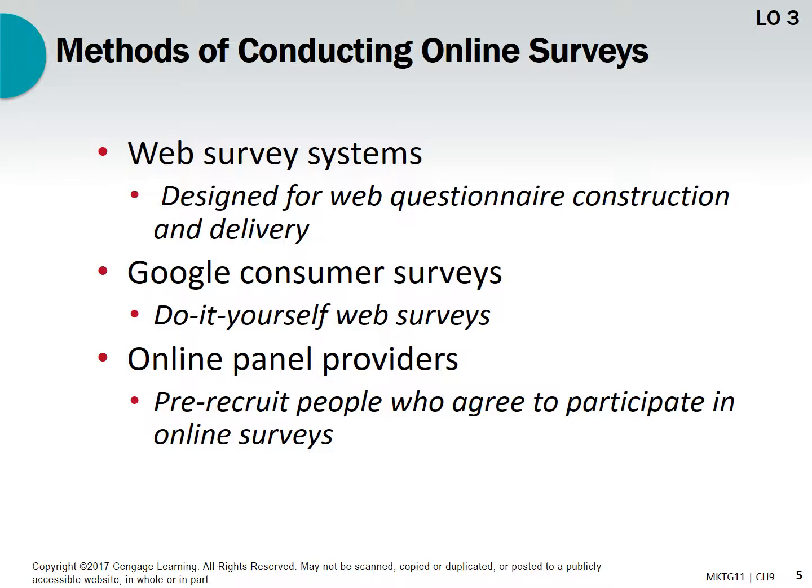When people join online panels, they answer an extensive profiling questionnaire that enables the panel provider to target research efforts to panel members who meet specific criteria. Some critics of online panels suggest that they are not representative of the target population. Others claim that offering incentives to join a panel leads to bias and misleading results.